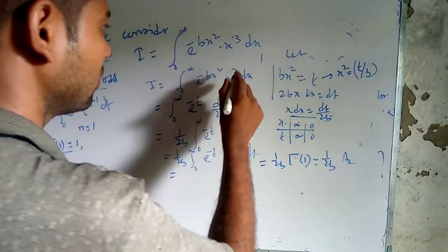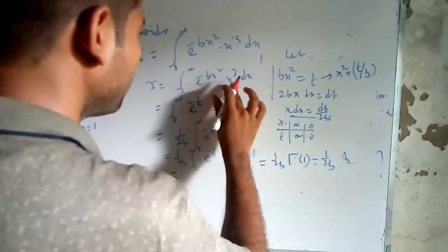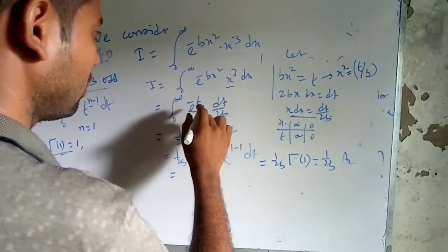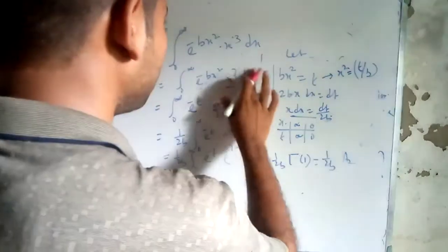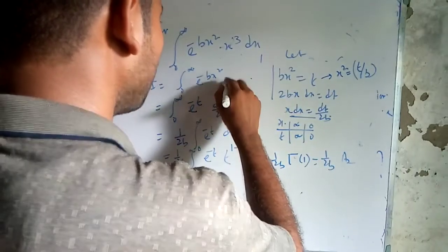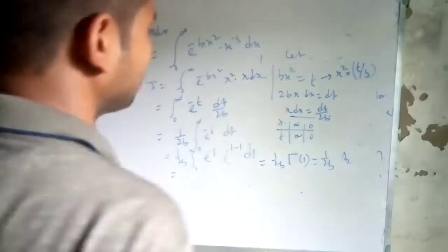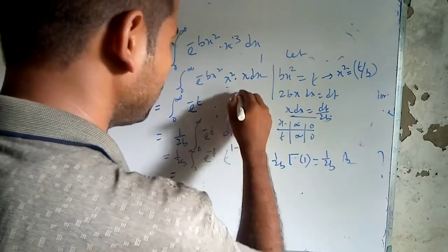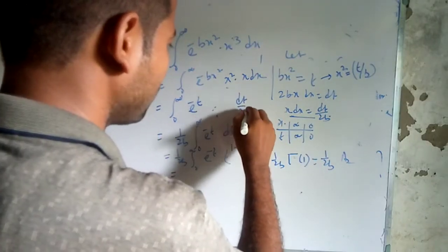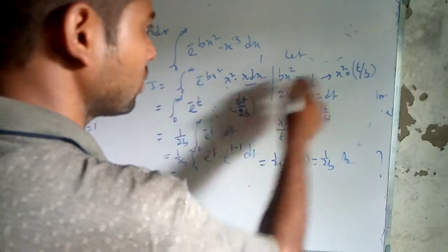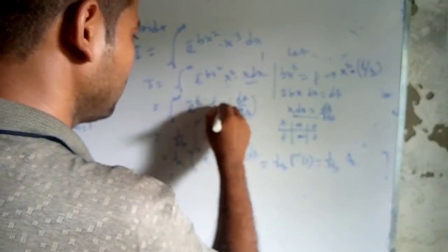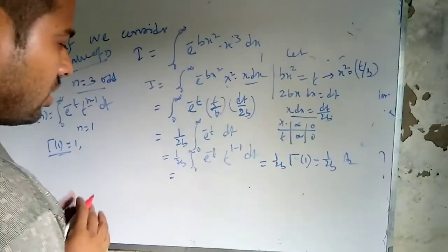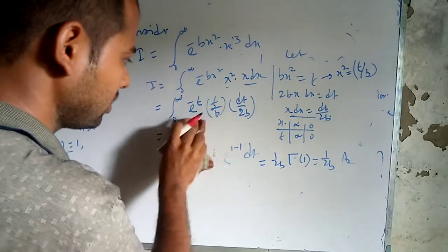Input this value: x cubed can be written as x squared times x into dx. Here x dx is dt by 2b, and x squared is t by b, and hence we change something here.